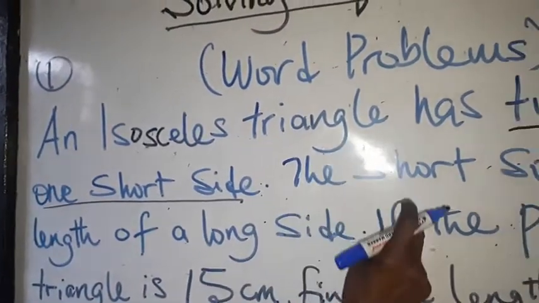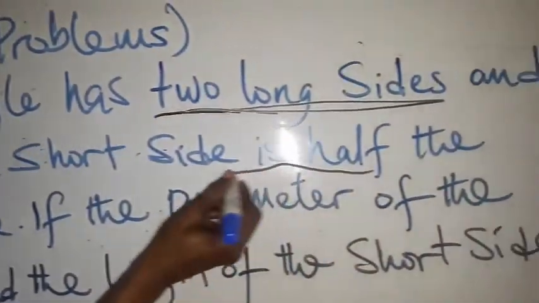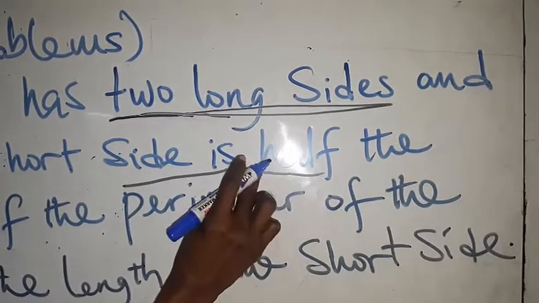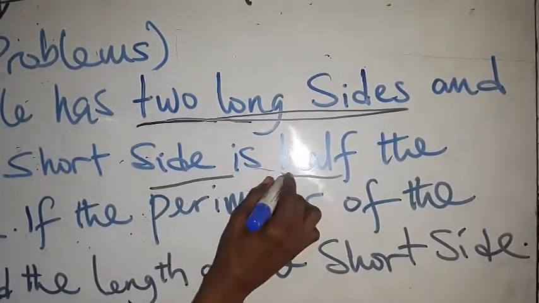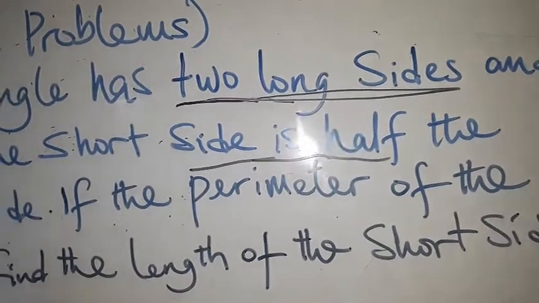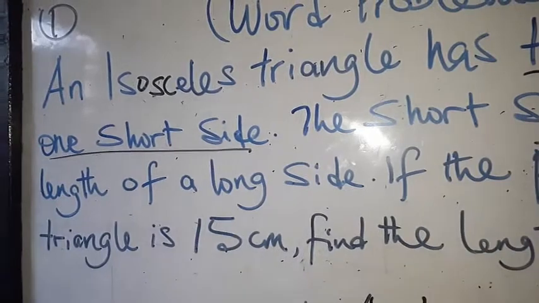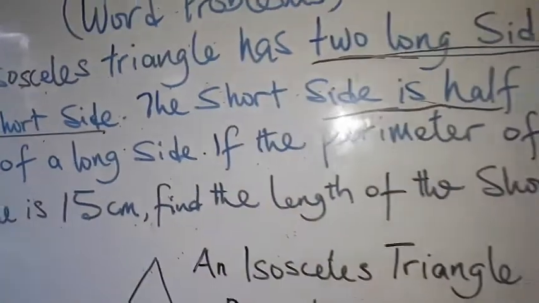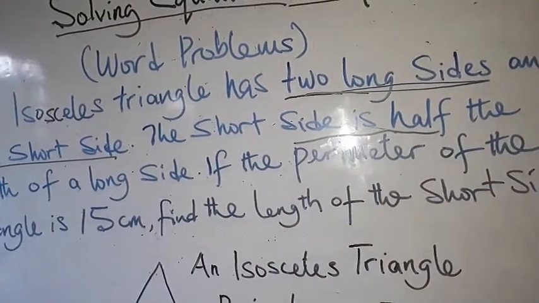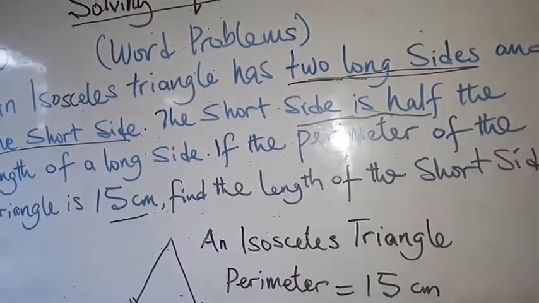The short side is half. Don't forget, the short side is half the length of a long side, 1 long side. So, if the perimeter of the triangle is 15 centimeters, find the length of the short side.